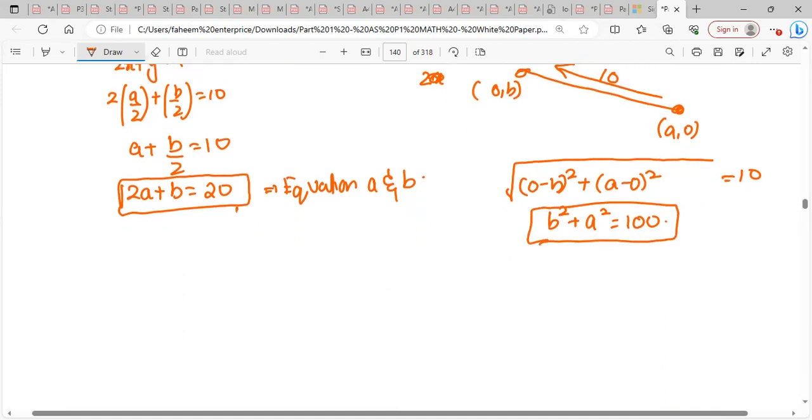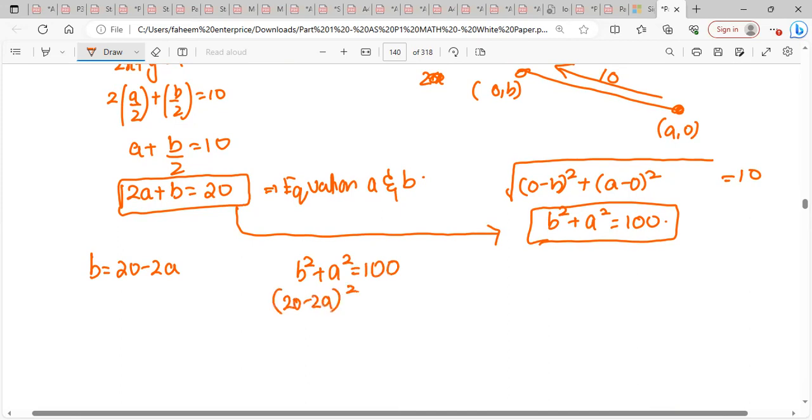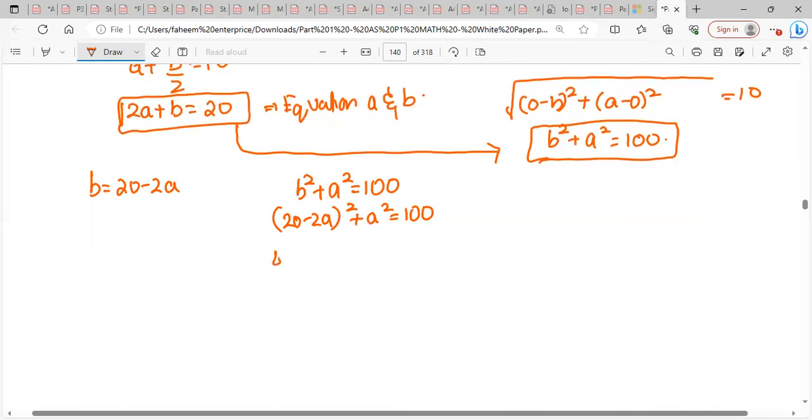If we simultaneously solve these two equations, let's say 20 minus 2a is b. So b squared plus a squared is equal to 100. (20 - 2a) whole squared plus a squared is equal to 100. 400 minus 80a plus 4a squared plus a squared is equal to 100.